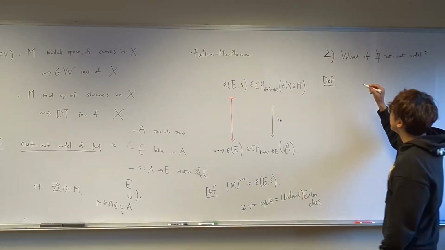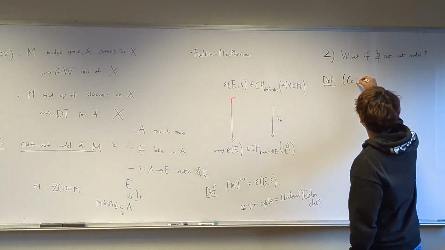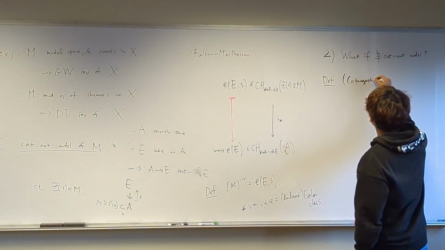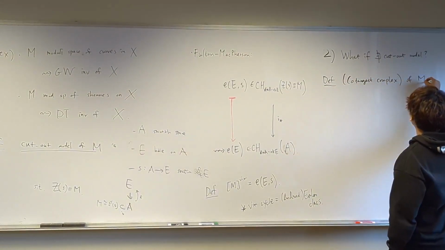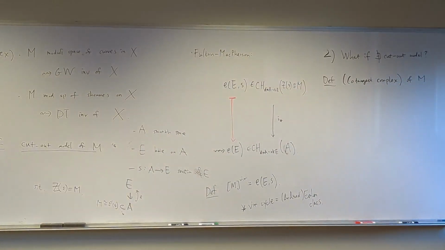We first define what the cotangent complex is. In the very general case, as far as I know, this is defined by Illusie. But here I only want to explain what we need. This is not a precise definition.